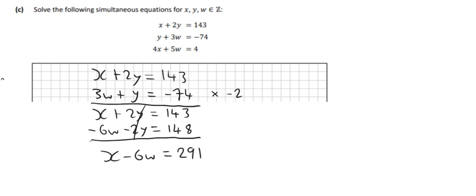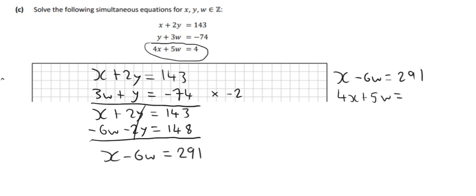So now I have another one with just x and w in it as well, the third one up there. So I'm going to stick those two together now. So now I'm going to make the x's cancel out, just because it's easier in this one.